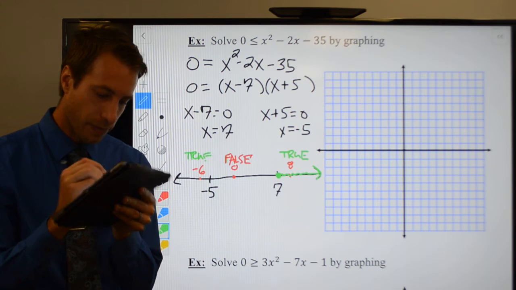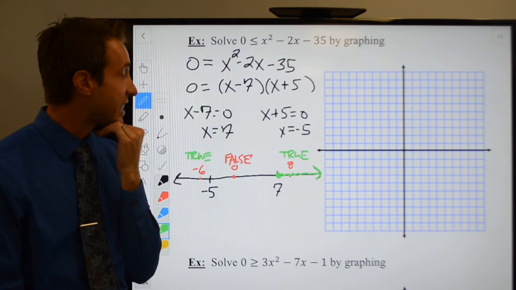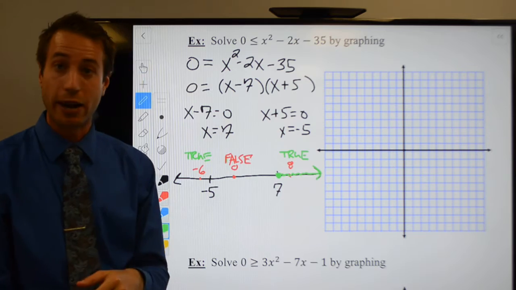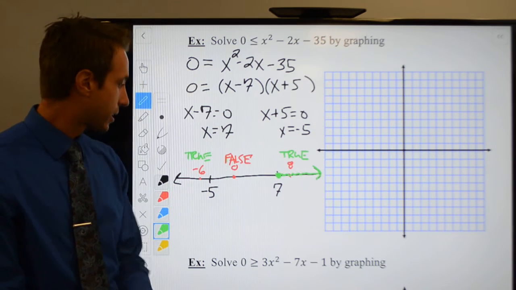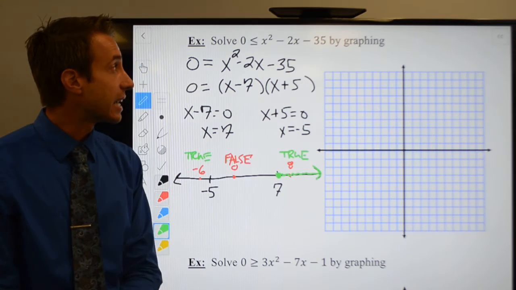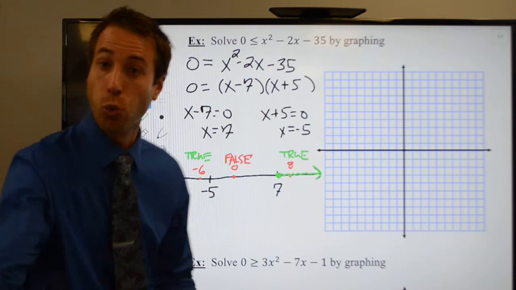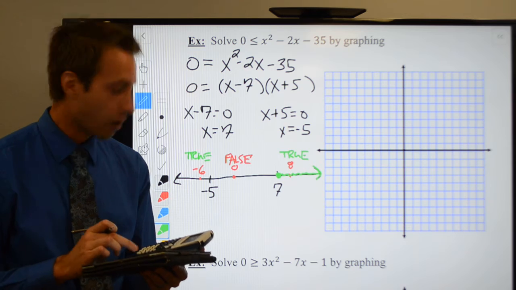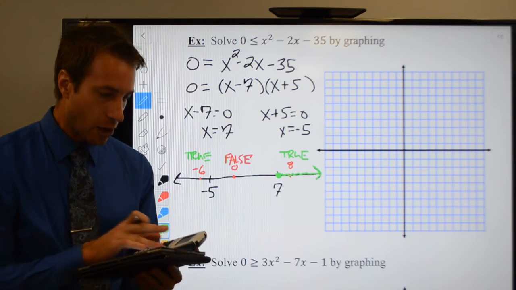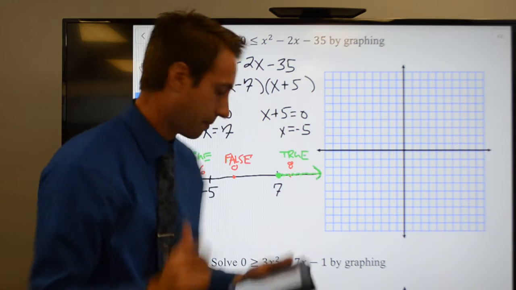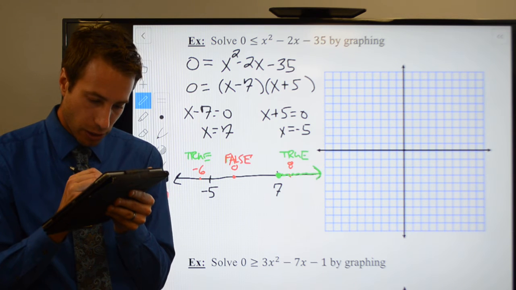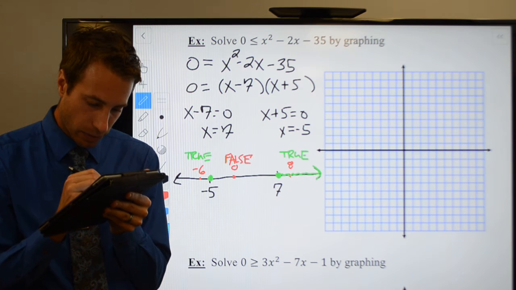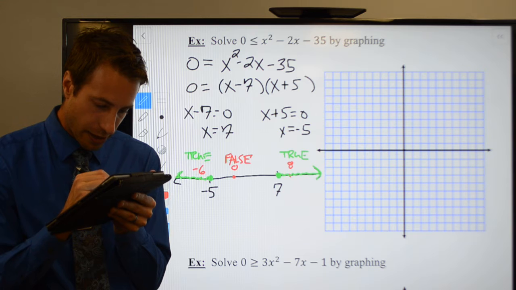Let me show you. If I plug in a negative 6, negative 6 squared is 36. Negative 6 times a negative 2 would be a positive 12. So I wind up with 36 plus 12 minus 35, which comes out to be 13. Closed circle. Everybody headed in that direction.